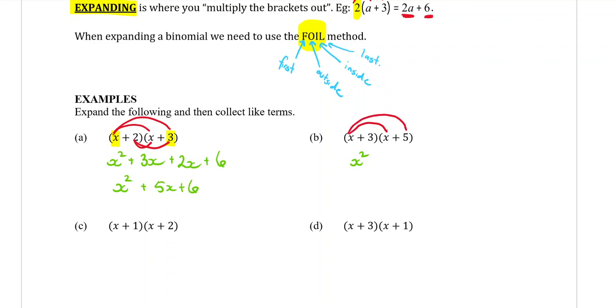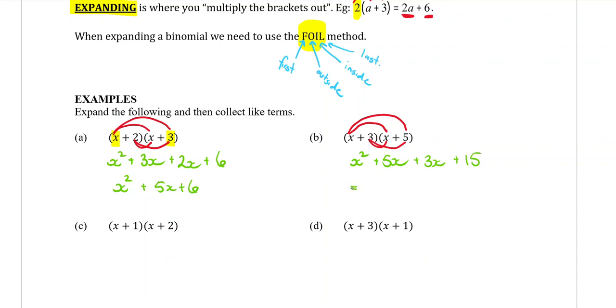What's x times 5? Yes, we go plus 5x. Now we're going to go inside, which is 3 times x, so plus 3x, good. And then last, which is 3 times 5, 15, so plus 15.